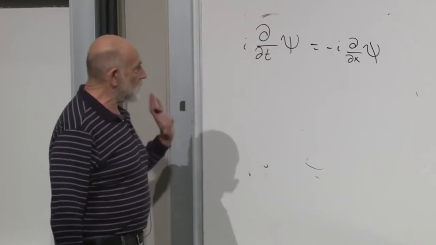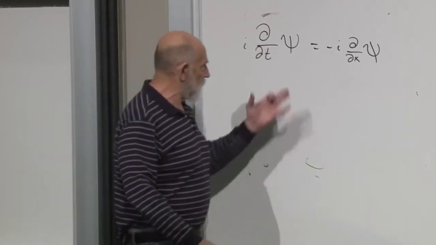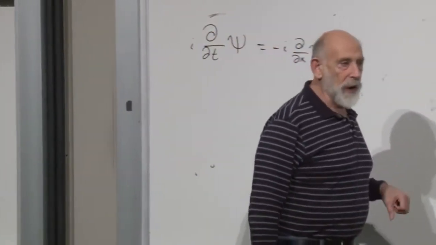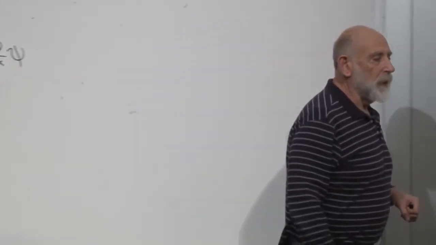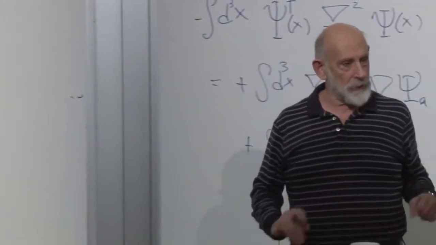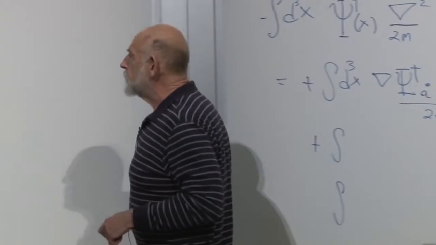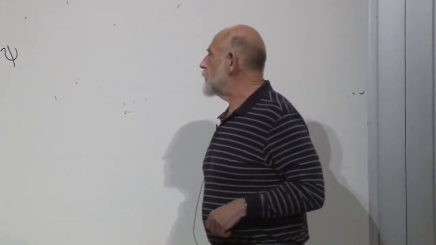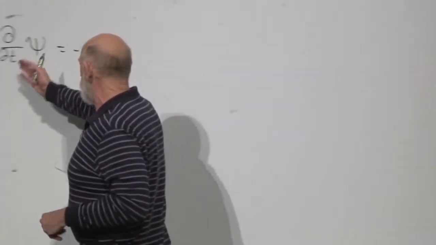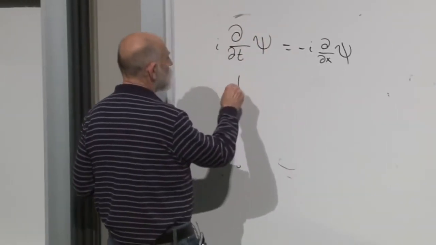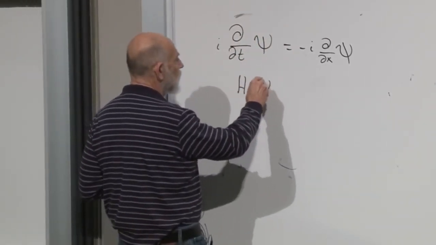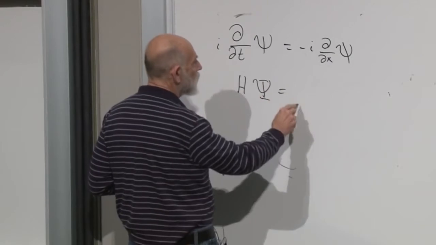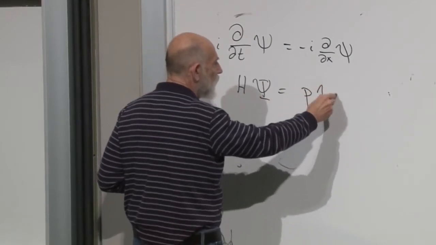Now this psi here is, let's say, a wave function for a single particle. For the moment, we're just doing single particles, one particle. This would be the Schrodinger equation, with the Hamiltonian acting on psi equal to the momentum acting on psi.